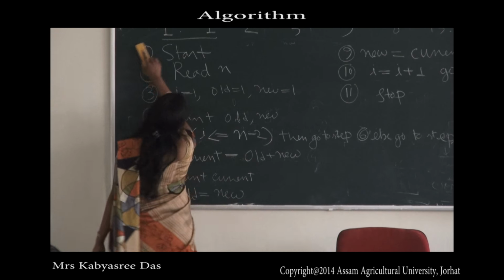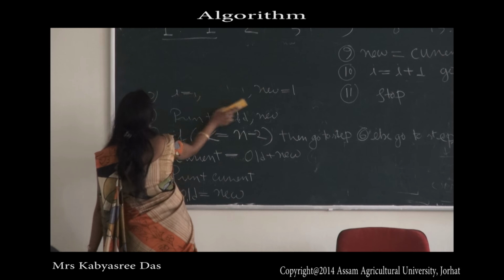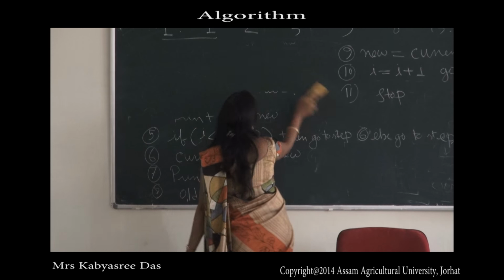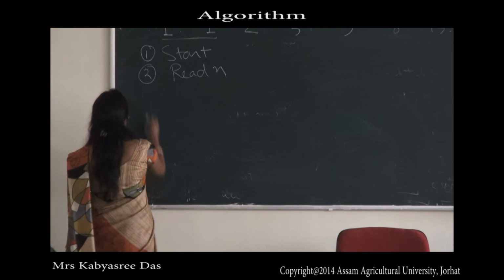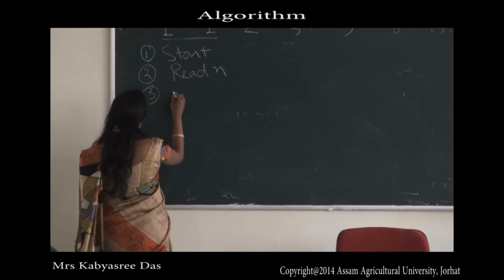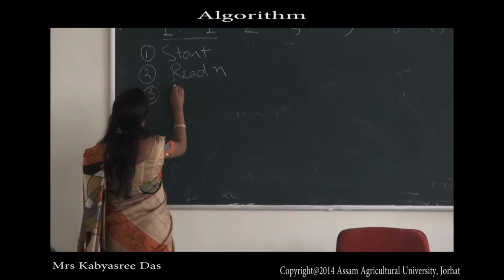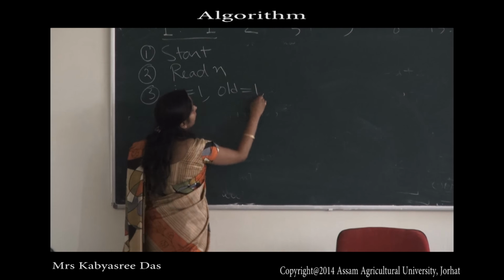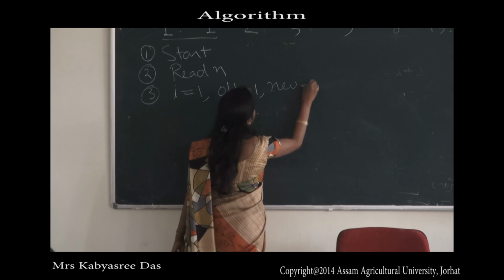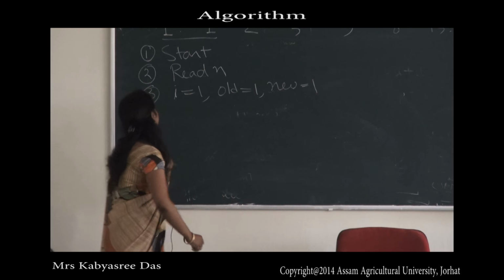First I draw the flowchart for this, then I will check this algorithm. Number 3, I is equal to 1, old is equal to 1 and new is equal to 1.